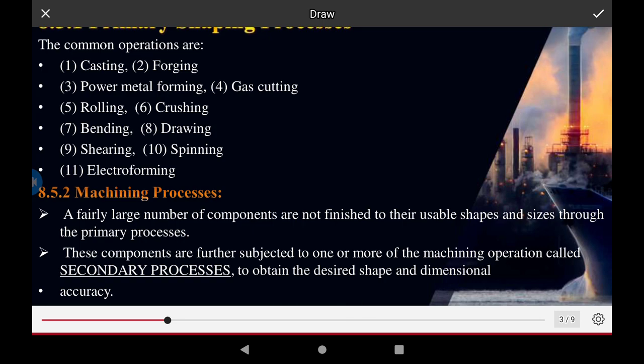The primary manufacturing process includes the operations of casting, forging, powder metal forging, gas casting, rolling operation, crushing, bending operation, drawing operation, shearing and spinning process, and electroforming process. These processes are part of the primary manufacturing process.